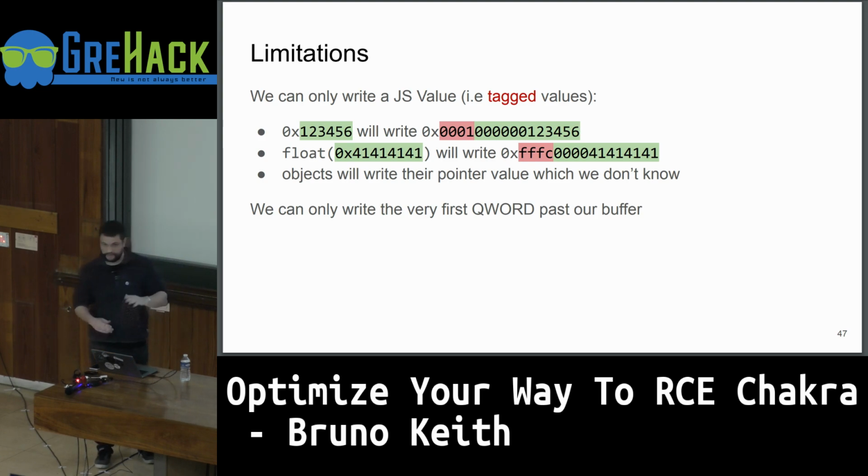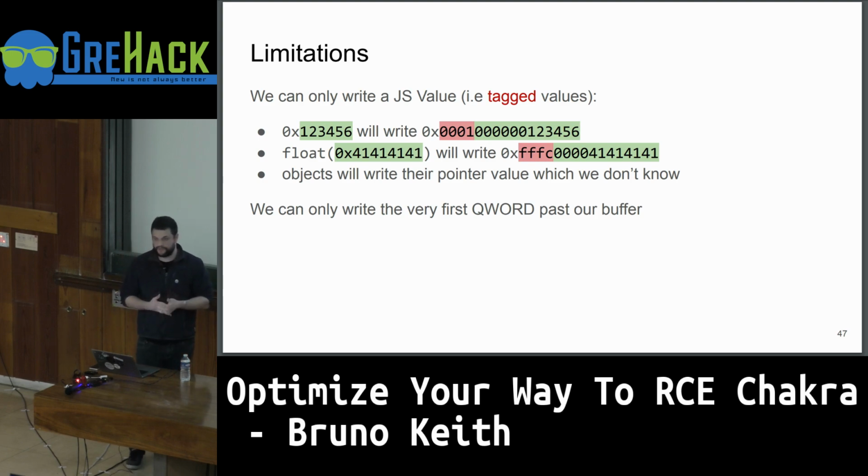If we take the float 0x41414141, we can see that there's this tag, FFFC. And objects are simply represented as a pointer, so if we assign an object, we'll be writing the pointer value, which we don't know because of ASLR. Also, we can only write the very first quad word past our buffer. There's no way around that. We cannot write two or three quad words further. Only the very first quad word.